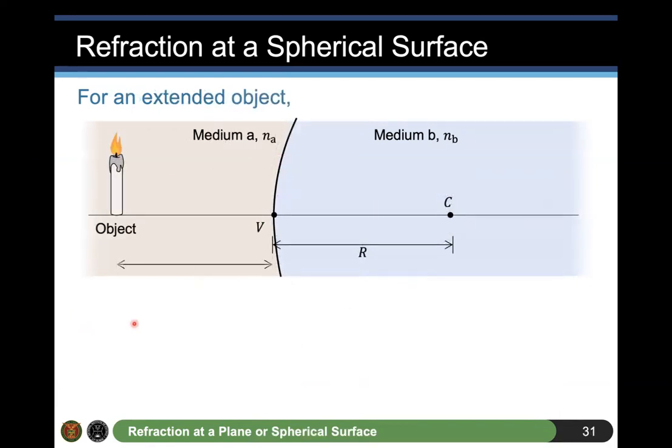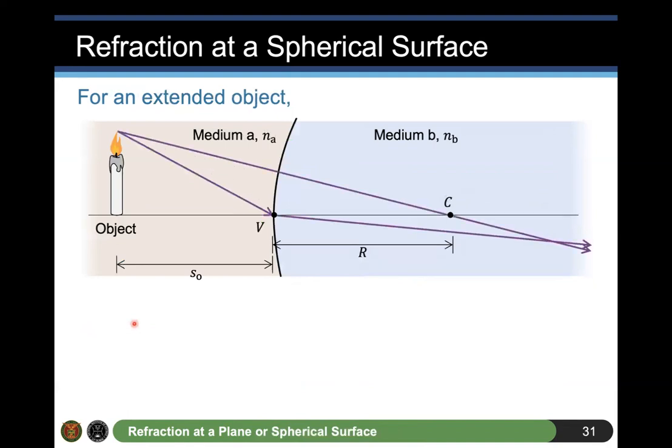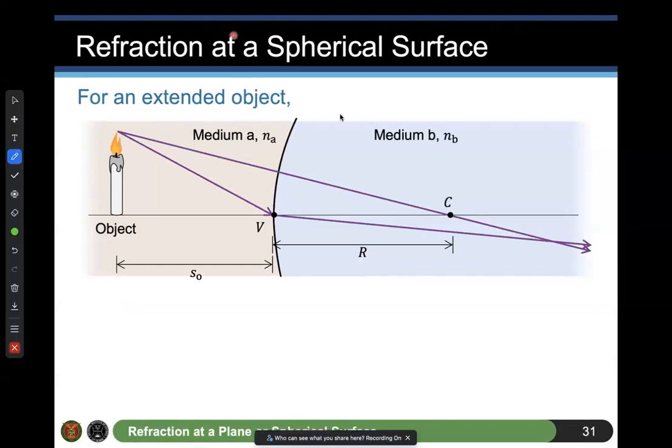Now, for an extended object, so kung di na point object, we can use ray tracing. Let's draw two lines, one through the center and one through the vertex. So again, this is refraction. Okay? So through the center of curvature, kung reflection, magba-bounce back. Right? Kung refraction, magpa-pass through, dire-diretso lang. Kaya dadaan siya dito sa C. Okay?